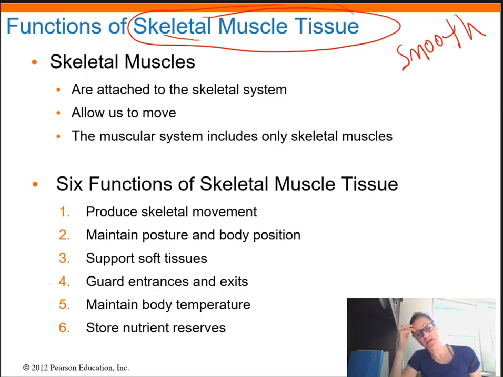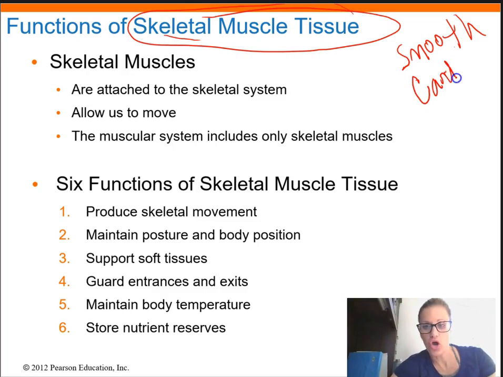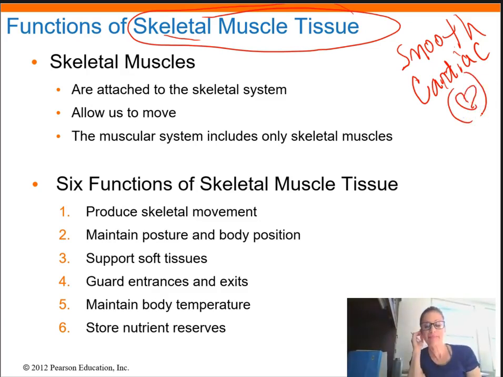So muscle, there's 3 different types. There's smooth muscle, there's cardiac muscle, and hopefully just from looking at the word cardiac, you can tell me where cardiac muscle is. Cardiac muscle is a very specialized type of muscle tissue that's present in the heart. Then there's skeletal muscle tissue.